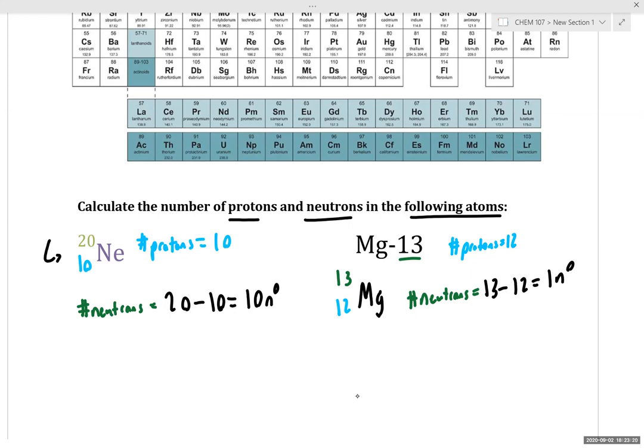The number of neutrons is equal to the mass number minus the number of protons. So in this case, we take our mass number of 13 minus the number of protons, 12, which gives us 1 neutron. Does that make sense? Yes, thank you. Perfect. Are there any other questions I can address?